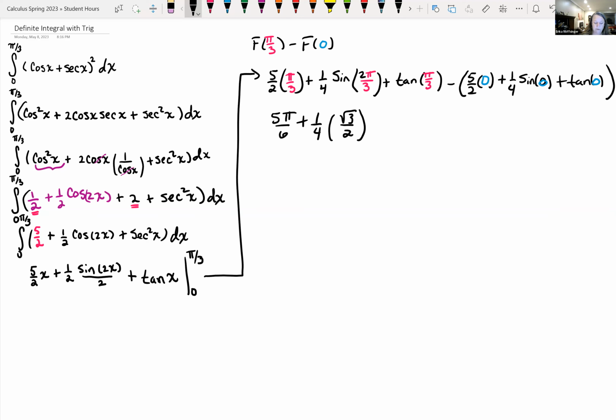So I get back √3/2 plus tangent of pi thirds, tangent of 60 degrees, which is √3, minus, well, 5/2 times 0 is 0, plus 1/4 sine of 0 is 0. So that gives me back 0, and tangent of 0 is 0. So minus 0. So my exact answer would be 5 pi over 6 plus √3/8 plus √3.